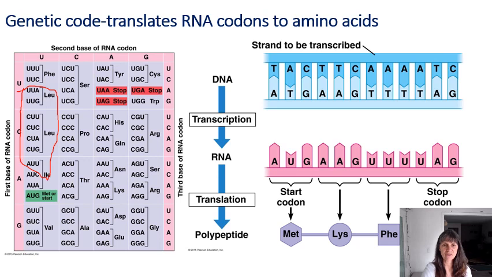Here we have 6 different codons for here and 2 here for the amino acid arginine.